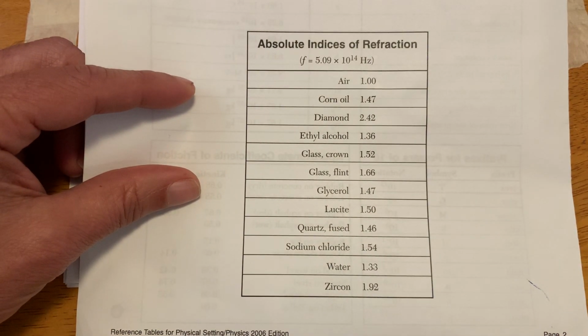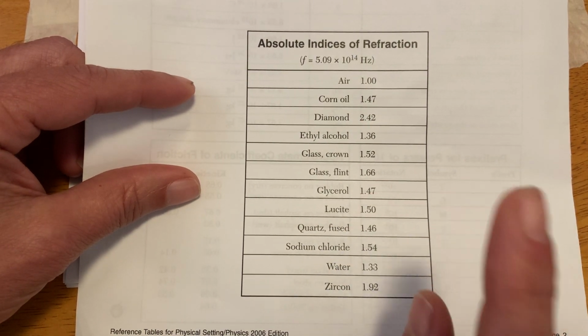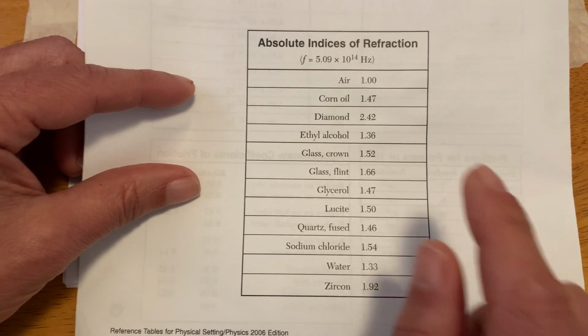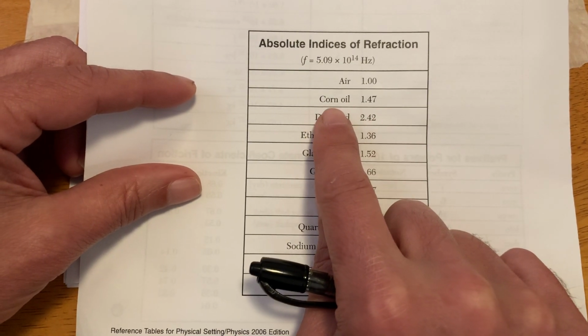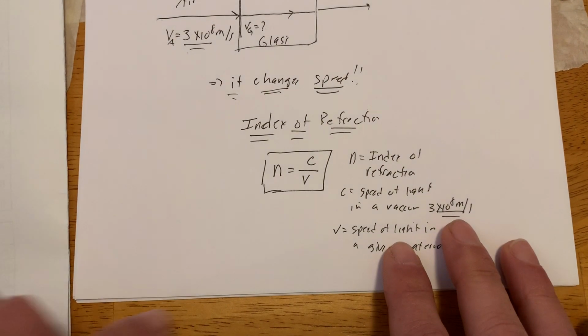It's hard to do it here in this environment, but let me just explain what this means. This number is describing how much slower light travels in these materials compared to a vacuum. Let's say that again.